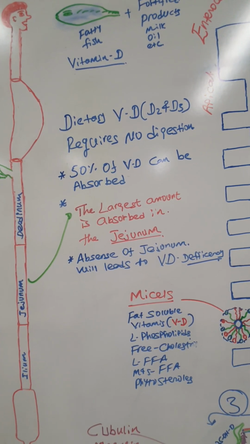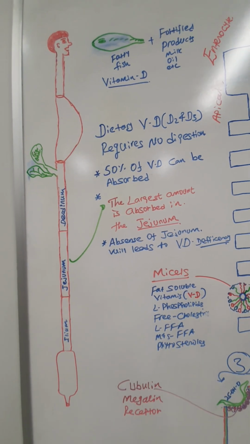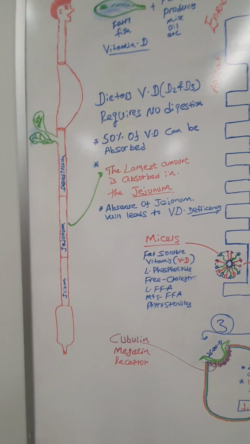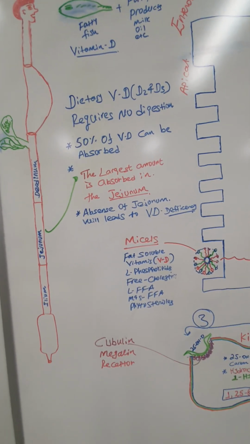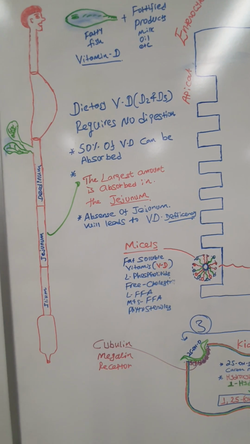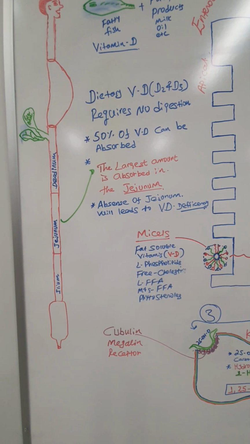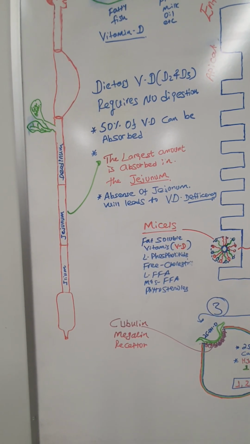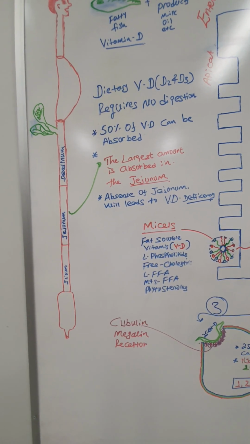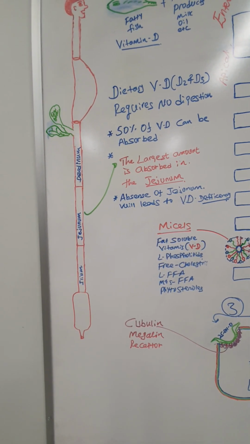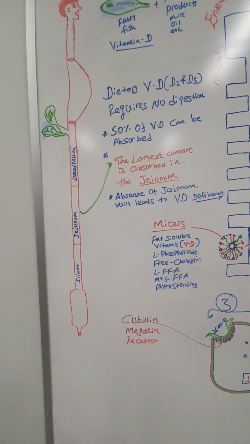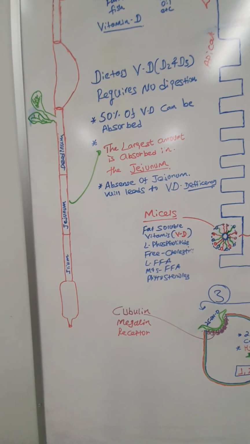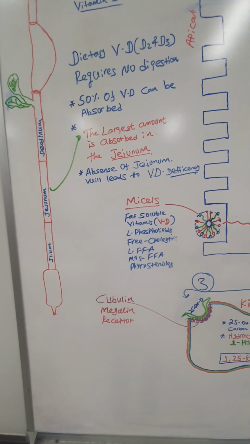So no digestion is required in the body, neither in the mouth, nor in the stomach, nor in the small intestine. 50% of vitamin D can be absorbed, and the largest amount of absorption takes place in the jejunum, the middle part of the small intestine. Some people may lose this jejunum part due to weight loss surgeries. Absence of the jejunum will lead to vitamin D deficiency, so care has to be taken.